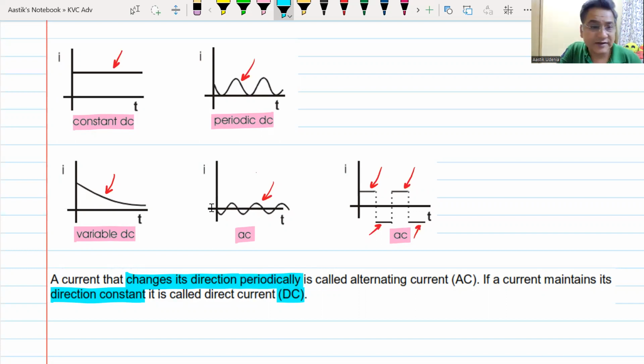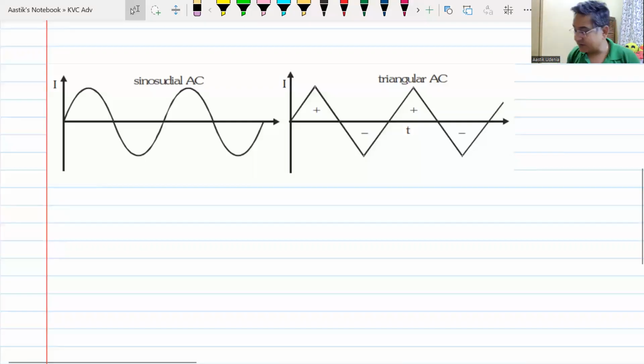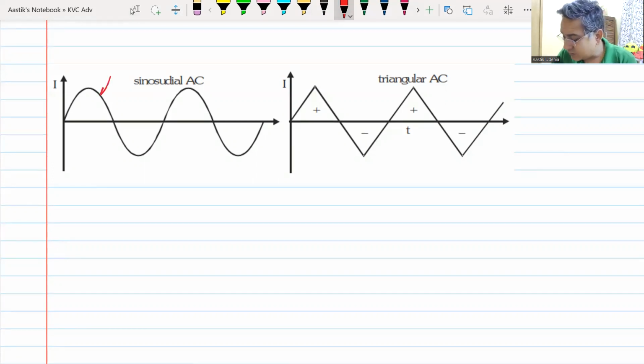Look at these two examples. The first one is in the form of a sine wave, and that is the only form of alternating current which we are going to study in detail. You can see the amplitude of this is constant.